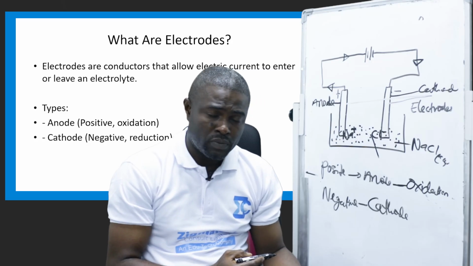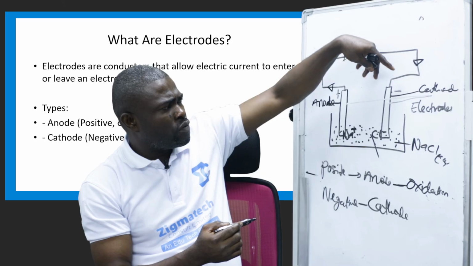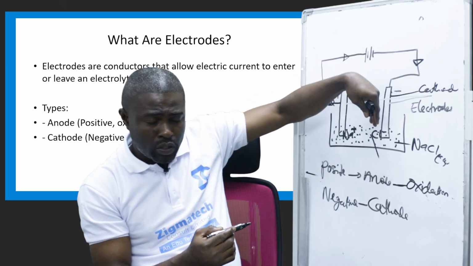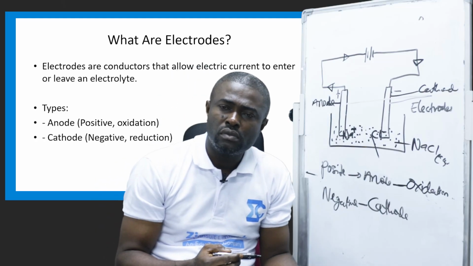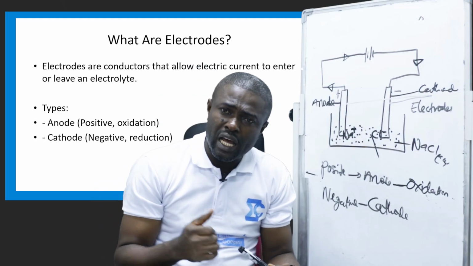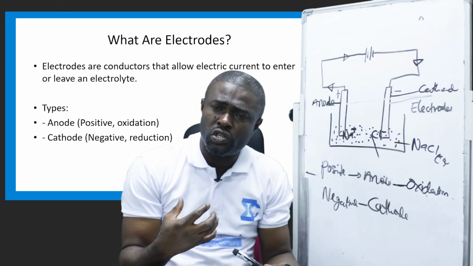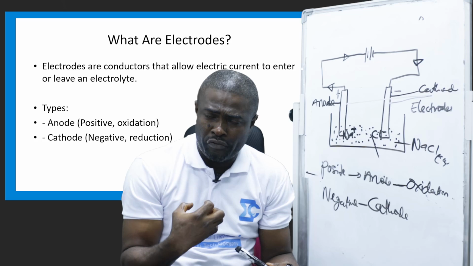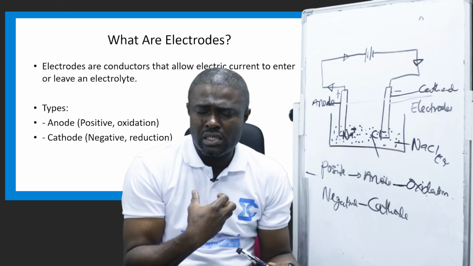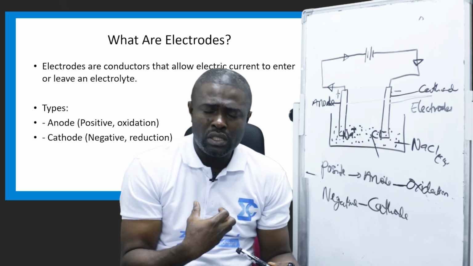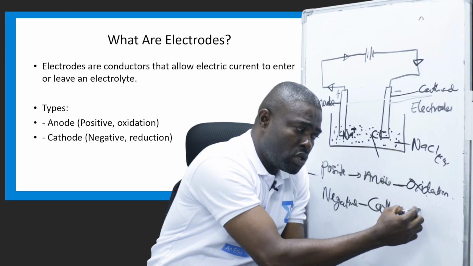Cathode. Since electron enters the electrolytic cell through the cathode, that means the cathode is actually accepting electron. In our previous class, where we discussed oxidation and reduction, we said that reduction reaction is what? Gain of electron. A substance gaining electron is a reduction reaction. Therefore, the reaction that occurs at the cathode is what?